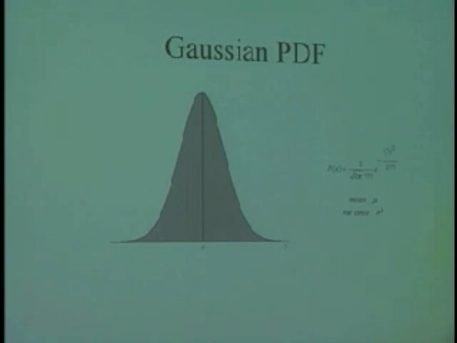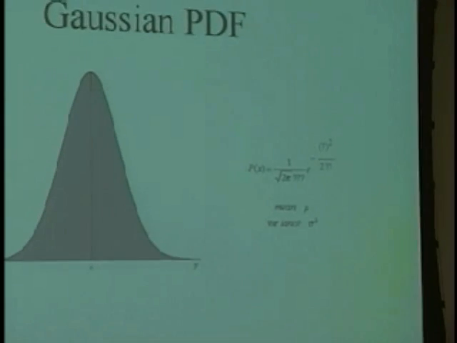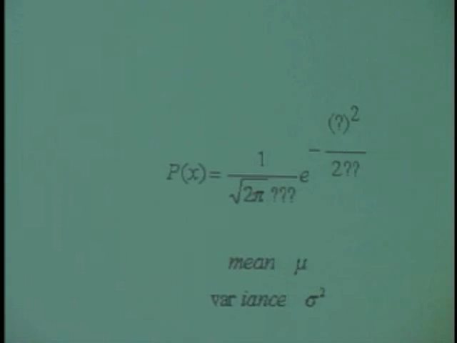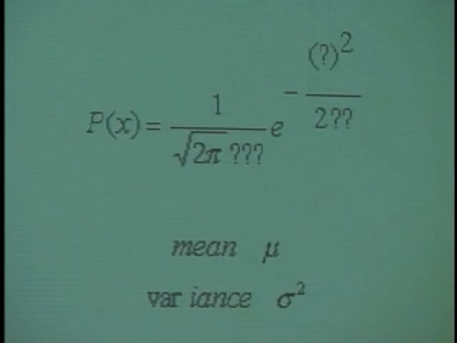I'm going to ask for a volunteer to try filling in the question marks for this Gaussian distribution. On the right is the expression. Anyone want to take a stab? The bottom three question marks are variance. Is it sigma squared or sigma outside?